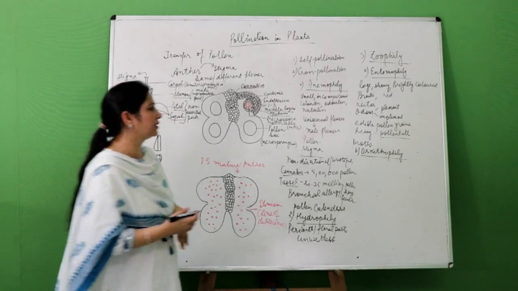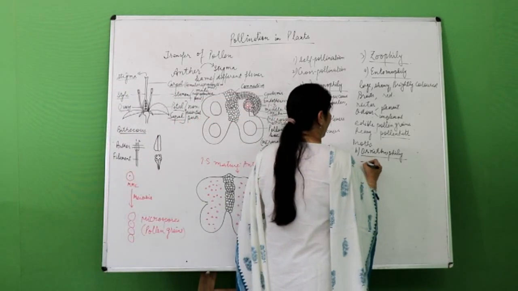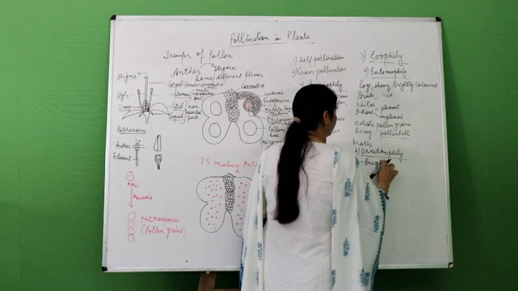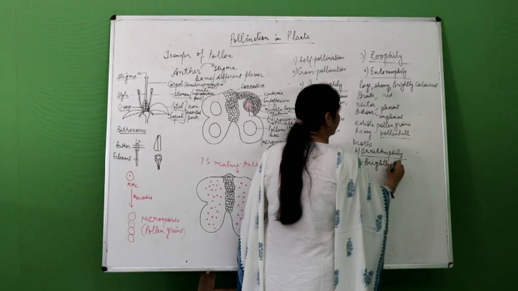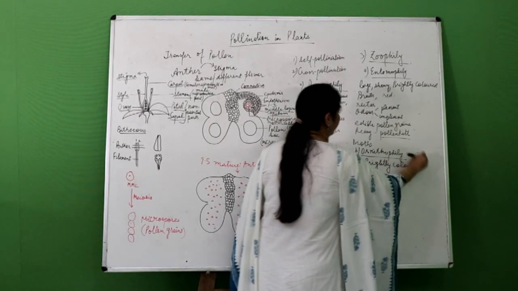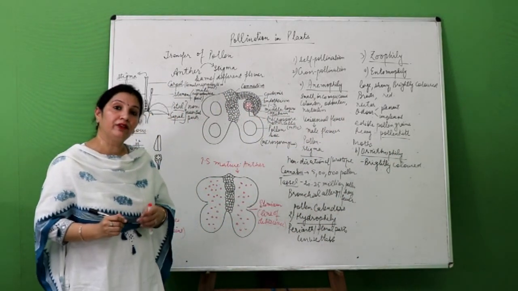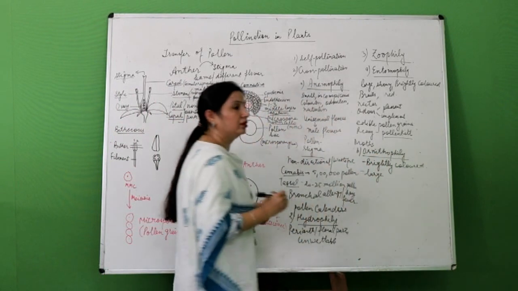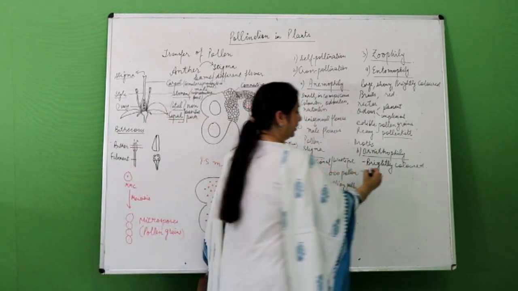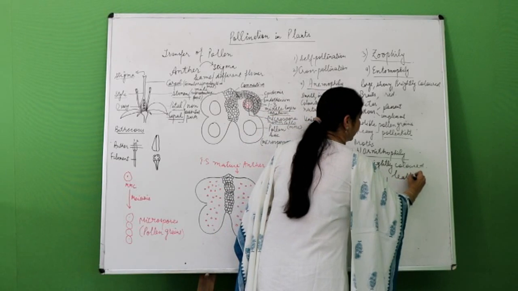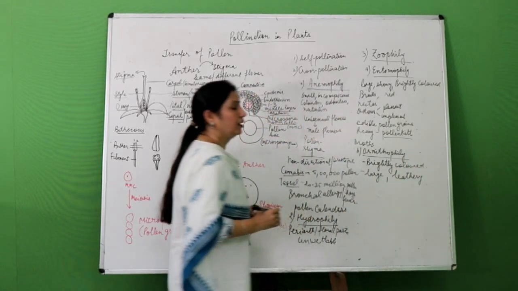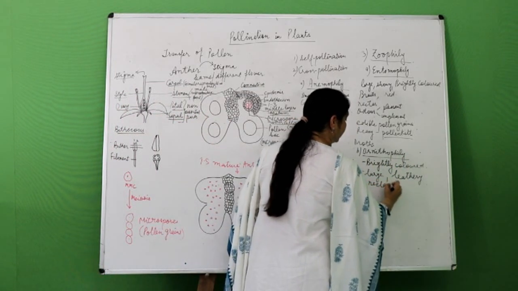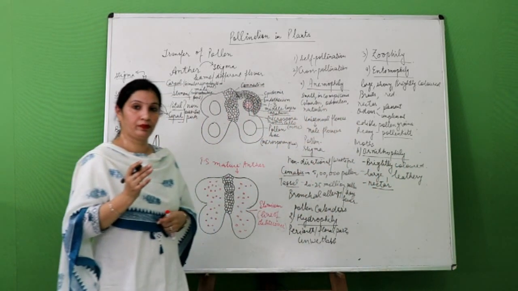Some of the important characters of such flowers are that they are brightly colored, again because they have to attract the birds towards them. Then the floral parts are large, and most commonly they may be leathery. A very important feature of such flowers is that they produce a huge amount of nectar, which is full of sugar, right?